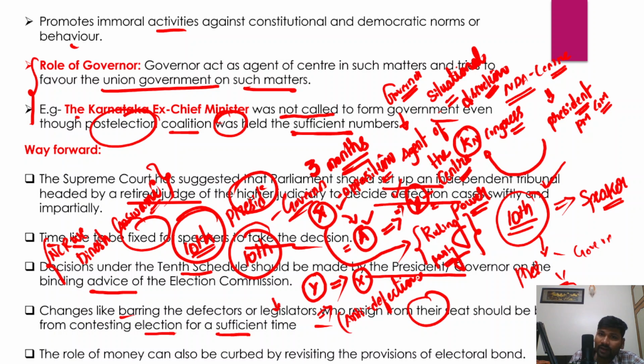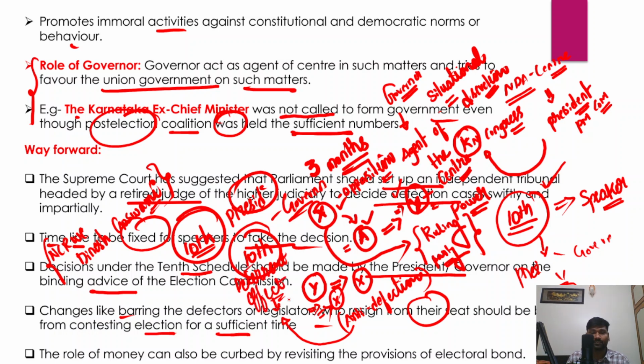So this disqualified member again contests elections in the by-poll. So therefore, the appropriate suggestion is that this member should be exempted from contesting elections. So he or she should not be allowed to contest elections for a certain period of time. So that would have a deterrent effect.